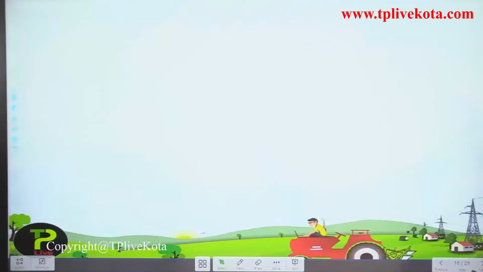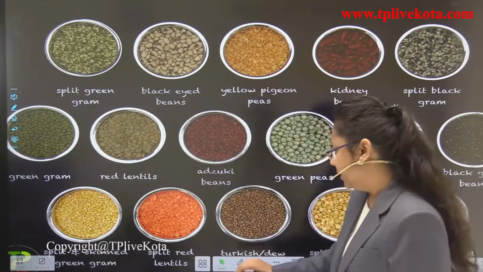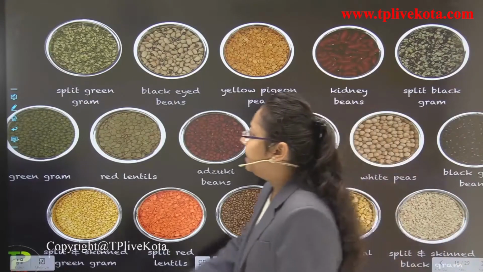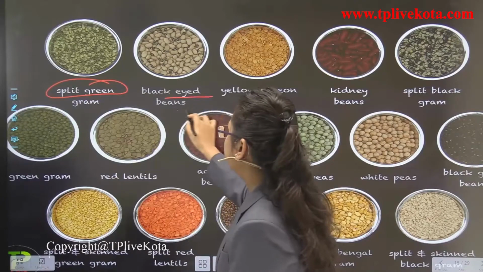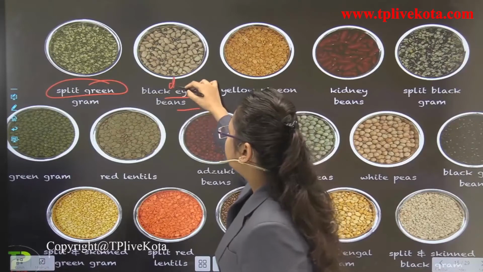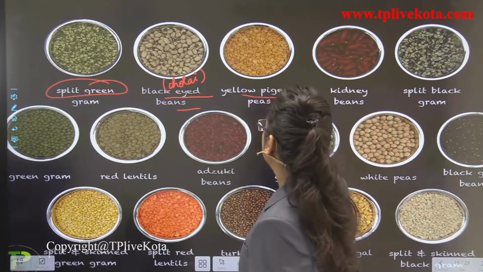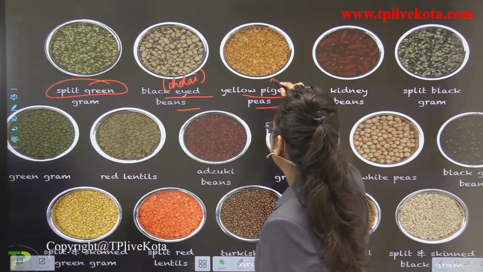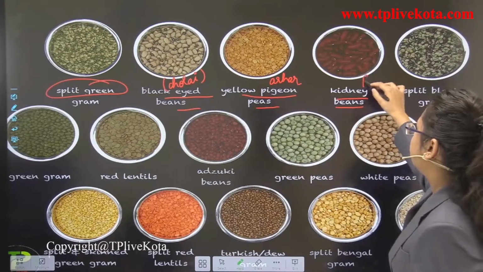Now let us see the representation of pulses over here. So pulses may be like the split green gram, black eyed beans, which is also known as lobia in Hindi, if you know this. Yellow pigeon peas, that is known as arhar dal. Kidney beans, that is also known as rajma.